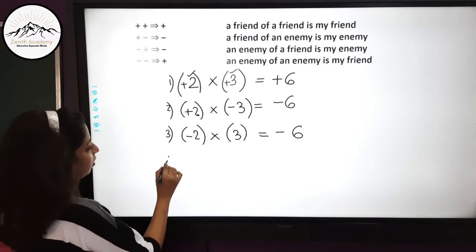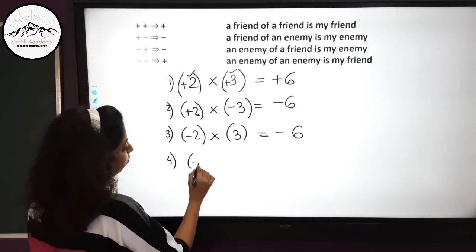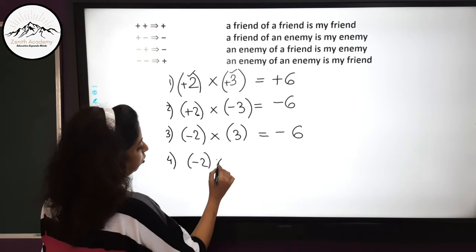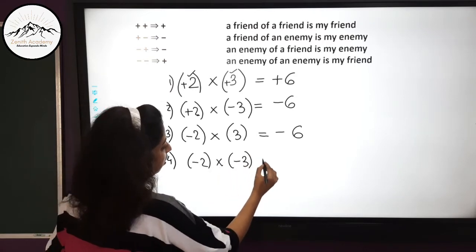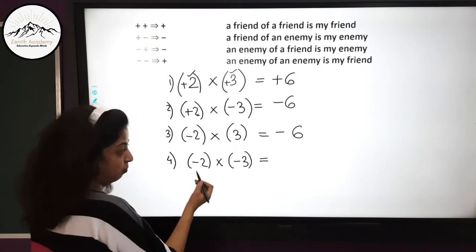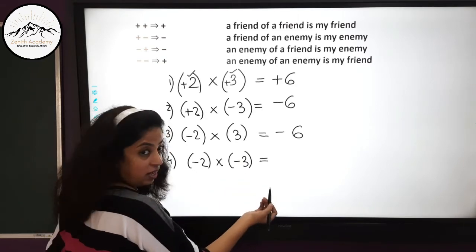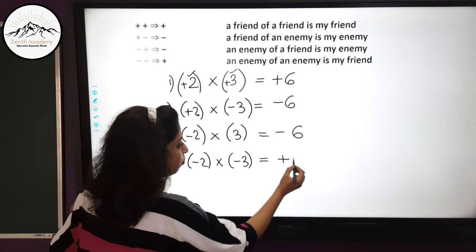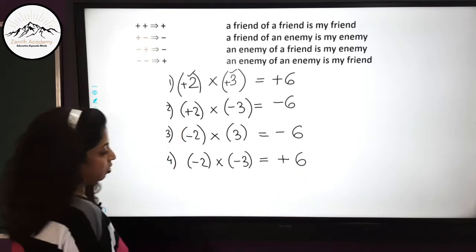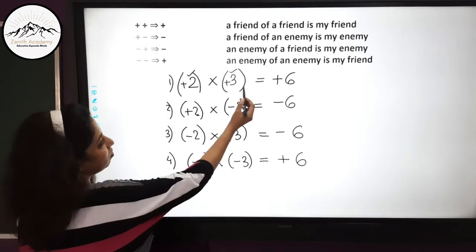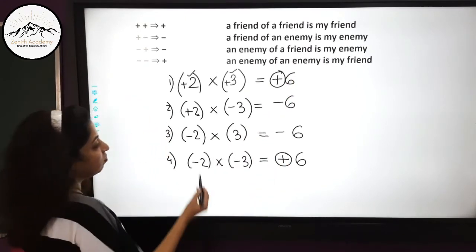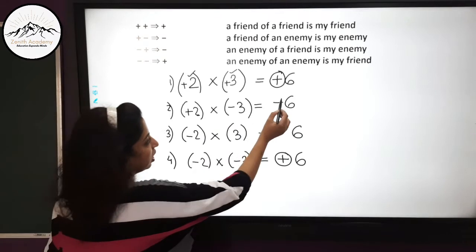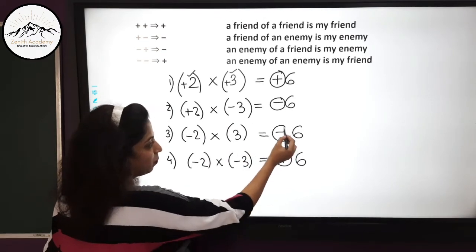Right? Now if I take minus 2 into minus 3, then enemy of my enemy is my friend. So plus 6. So when we multiply same signs we get a positive answer, and when we multiply different signs we get a negative answer.